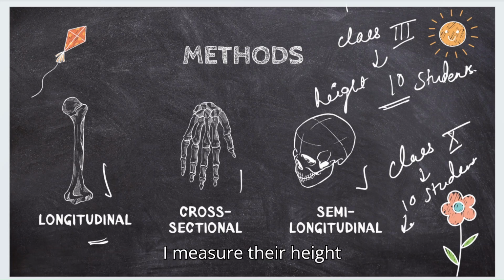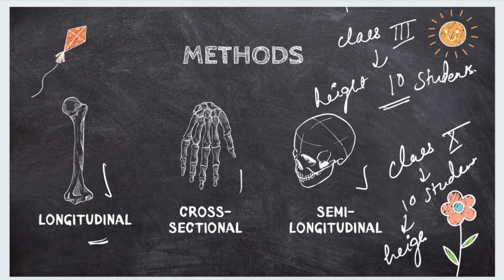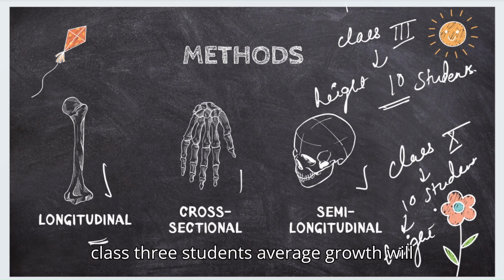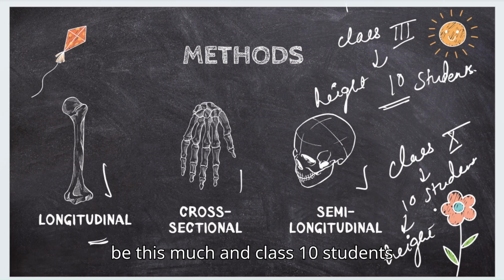I measure their height, and I can compare that the class 3 students' average height will be this much and the class 10 students' average height will be this much.